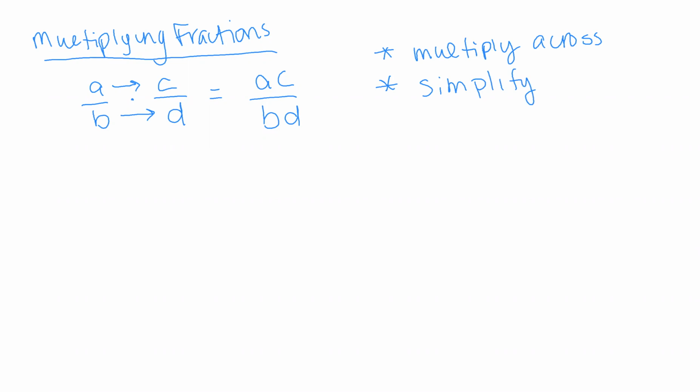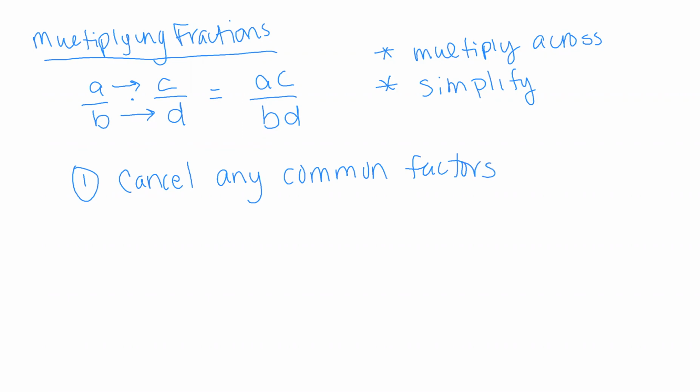However, when we multiply numbers, we end up making those numbers bigger, okay? And we already know from simplifying fractions that sometimes that can be a little bit difficult. So what I tell my students to do is first, cancel any common factors. Top versus bottom.